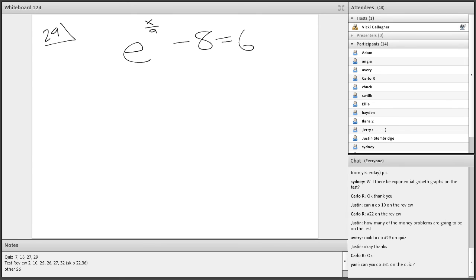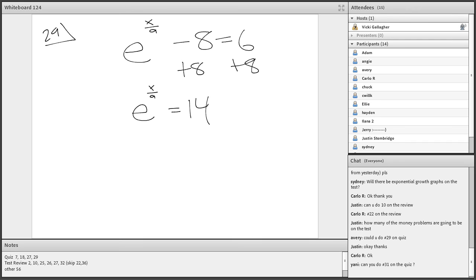There's this extra number on the side of the equation where the e is, that minus 8. So before I do the wheel, before I put this in log form, I am going to move the 8 to the other side so that the e to the power is by itself. And now that that's by itself, I can change this into logarithmic form.